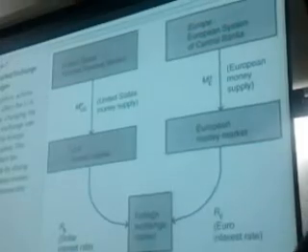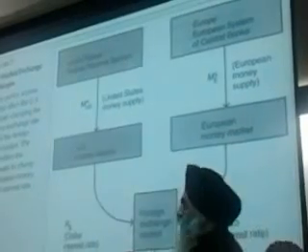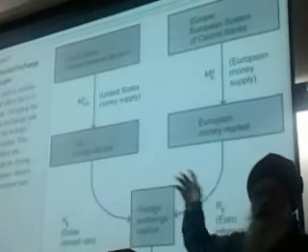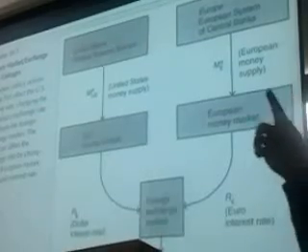That's the foreign exchange market, and you get the exchange rate here. As in the previous case we saw, the simultaneous determination of the interest rate and the exchange rate in the short run. Given income, given price level, and so on.